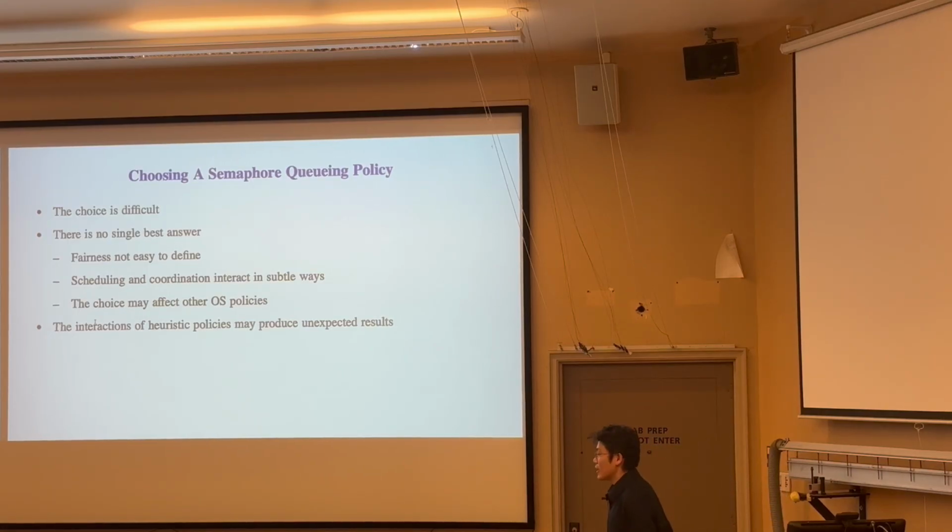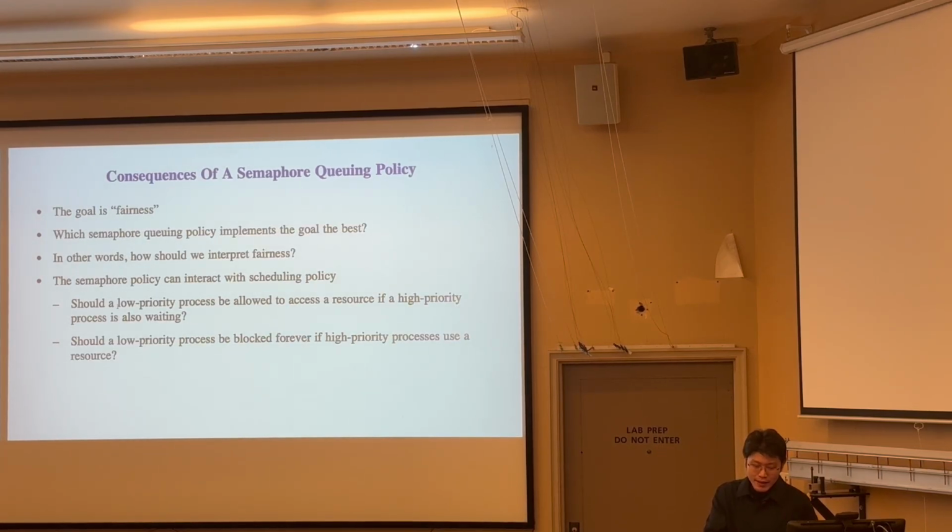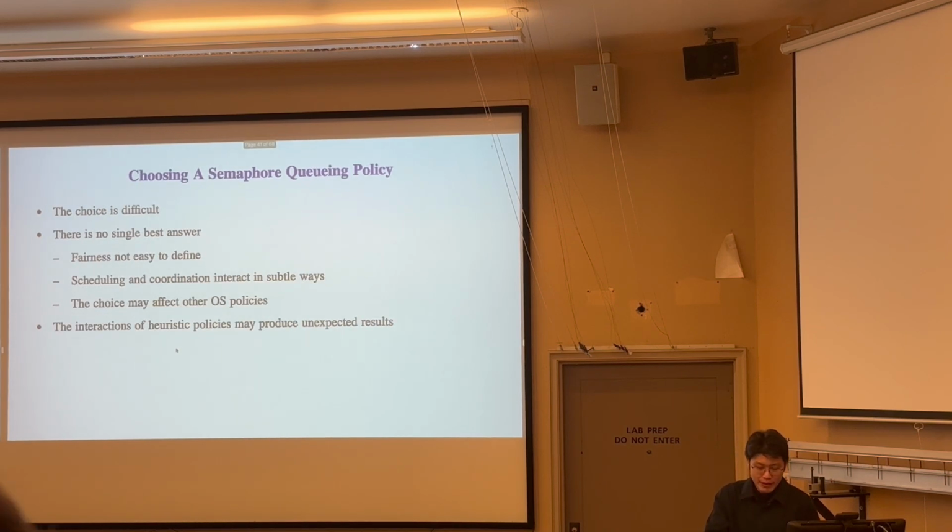Let's just move on to the answers. So the two questions, right? One is about whether you allow a low priority process to violate the priority. The other is you need to guarantee fairness. The low priority process, you don't want it to be blocked forever. So the choice is very difficult.